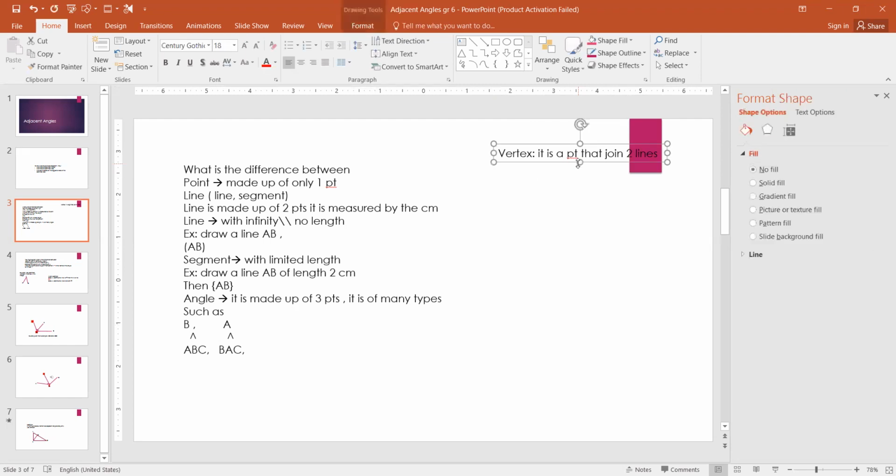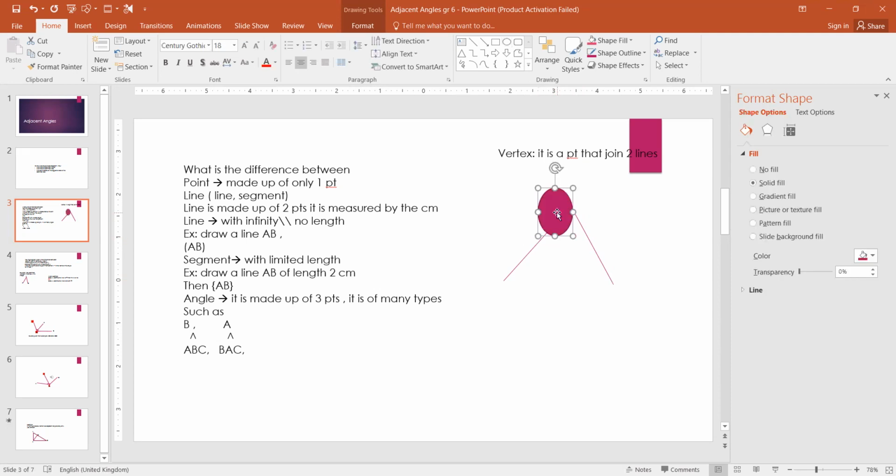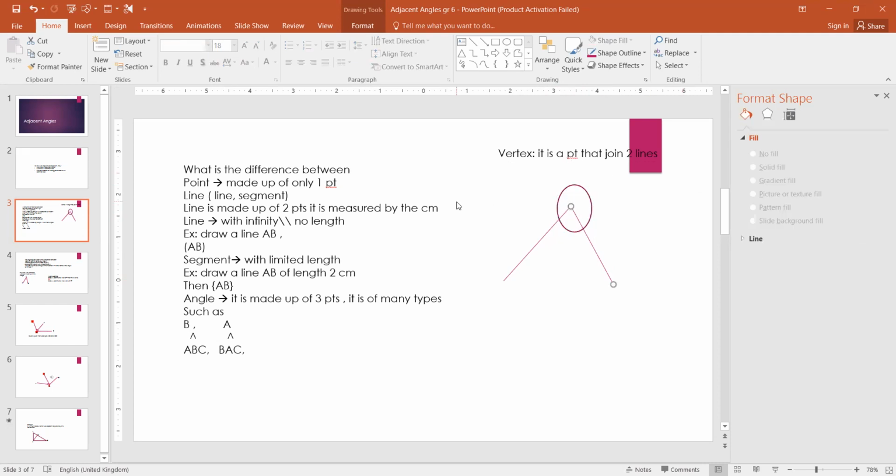It's not a good situation if I only write, because you know mathematics is about practicing. So I'm going to draw here two lines. This is the first, and this is the second one. Let me bring a circle from here, and this point here, let me fill it. This point is called the vertex.